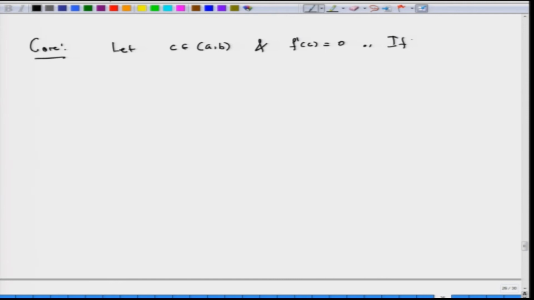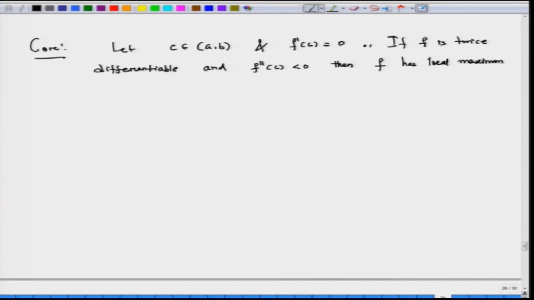If f is twice differentiable and f double prime of c is strictly less than 0, then f has a local maximum at c.